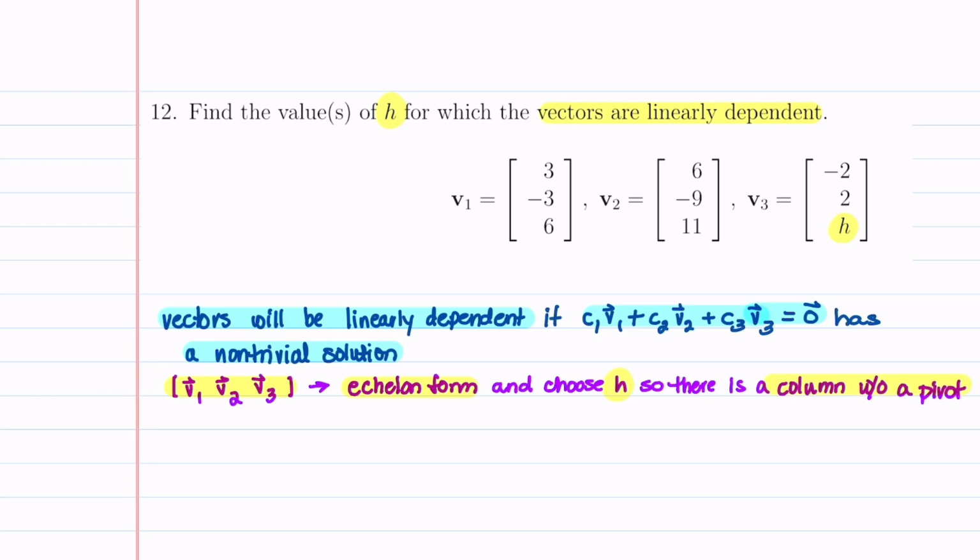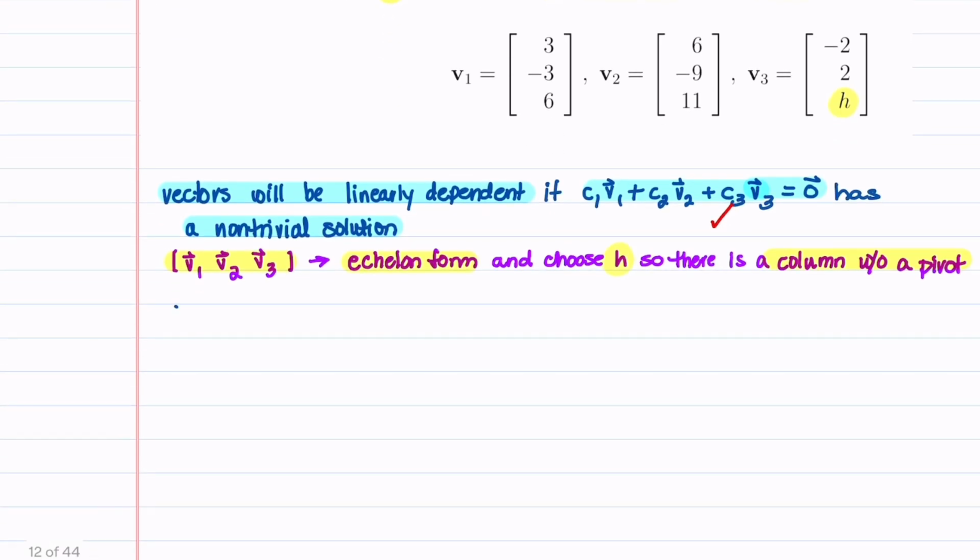Whenever we have a column without a pivot, we are going to have a non-trivial solution. If every column has a pivot, the only solution to this equation is that c1, c2, and c3 are equal to 0. So we're going to have to force it to have a column without a pivot.